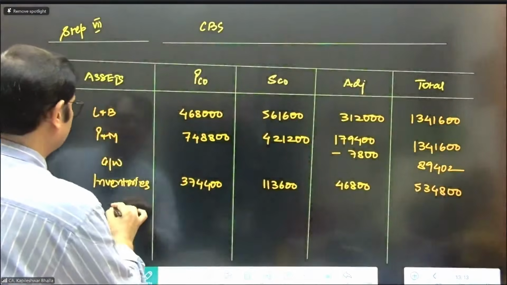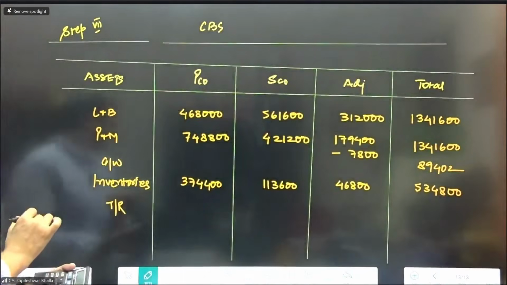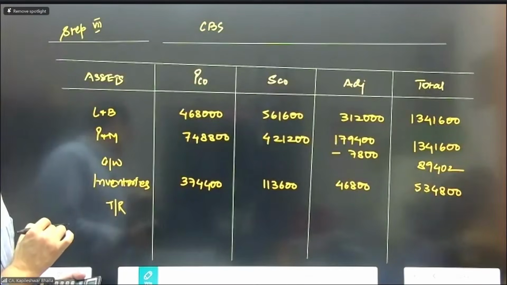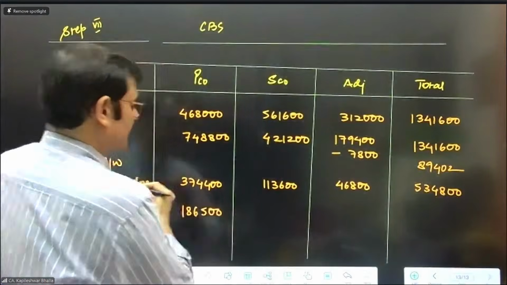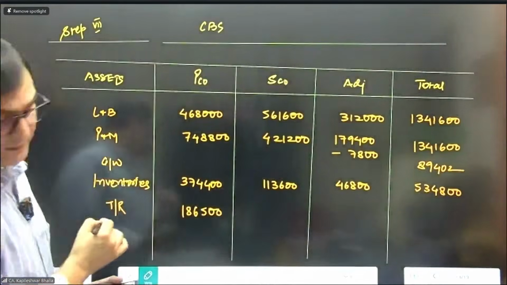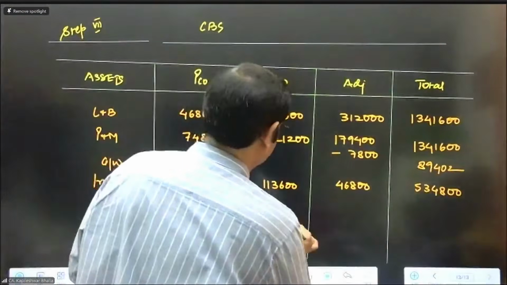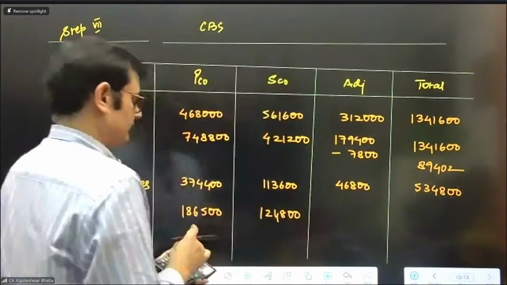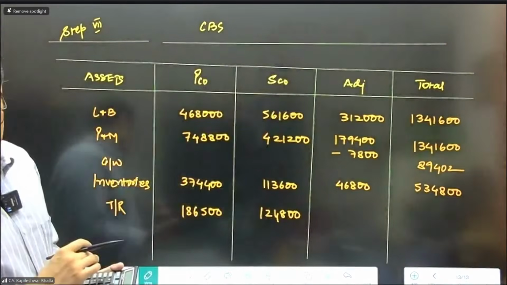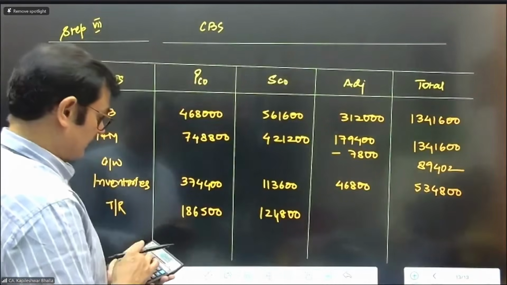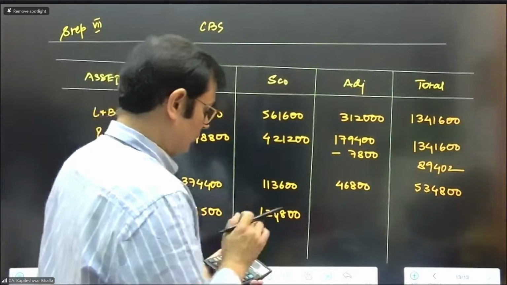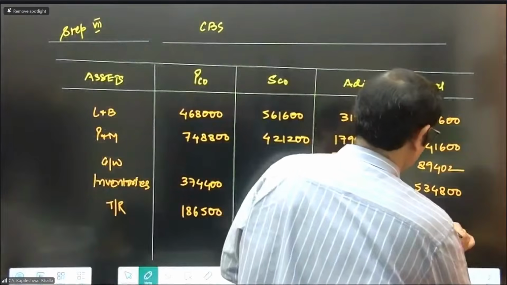Next, we are given the trade receivables, and that is 186,500 and 124,800. And on trade receivables, I think there are no intercompany owings. There are no fair value adjustments. So we can directly take the total. This is 311,300.